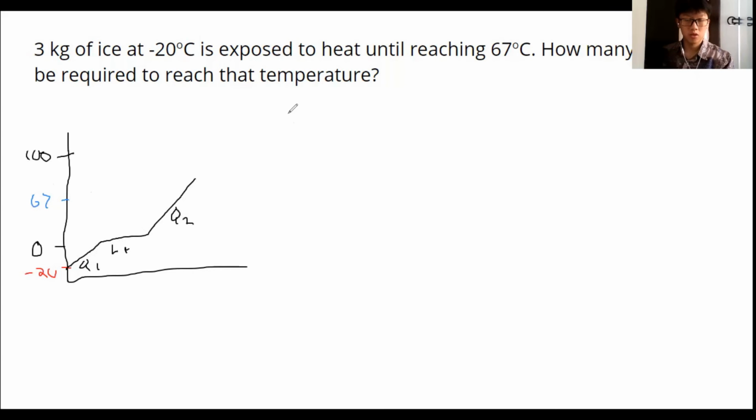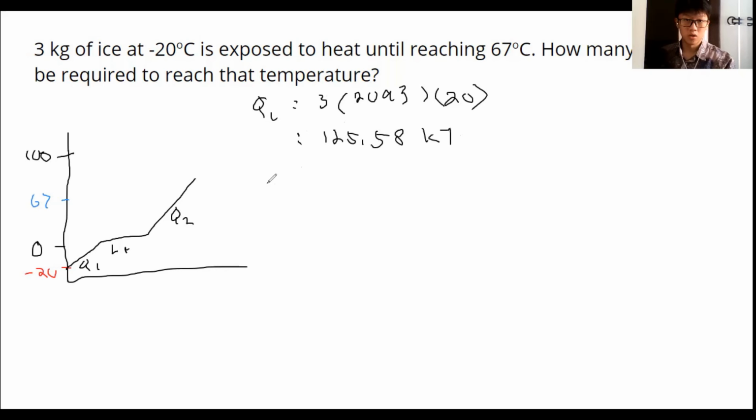So first let's find Q1. For Q1, we simply follow the formula Q is equal to mc delta T. So this will yield 125,580 joules, or if we want to convert it into kilojoules, this will be 125.58 kilojoules.